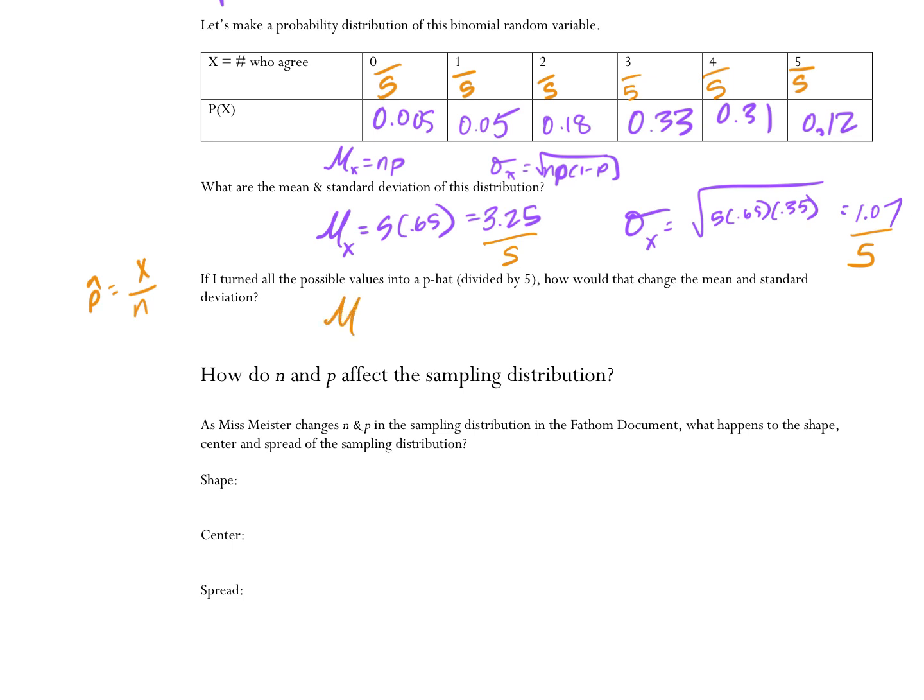So my mean of the p hats, notice I'm using a different symbol now because it's a different statistic, not my number of successes but my percent of success in my sample, would be 0.65. And my standard deviation would be whatever 1.07 divided by 5 is, which is about 0.21-ish.